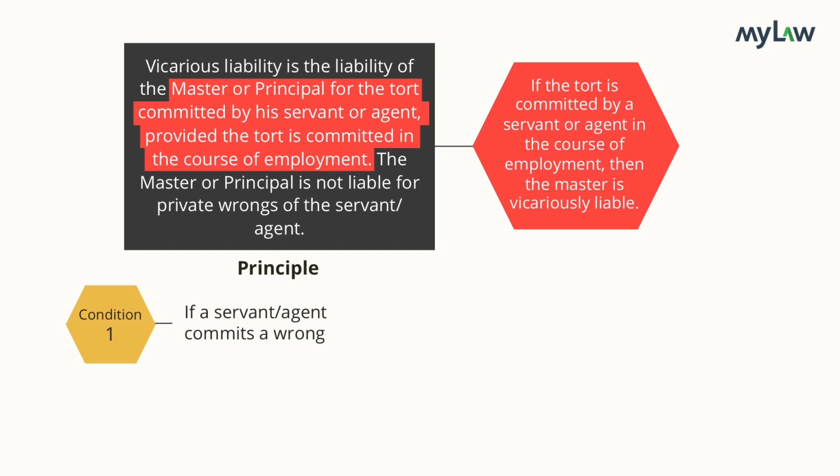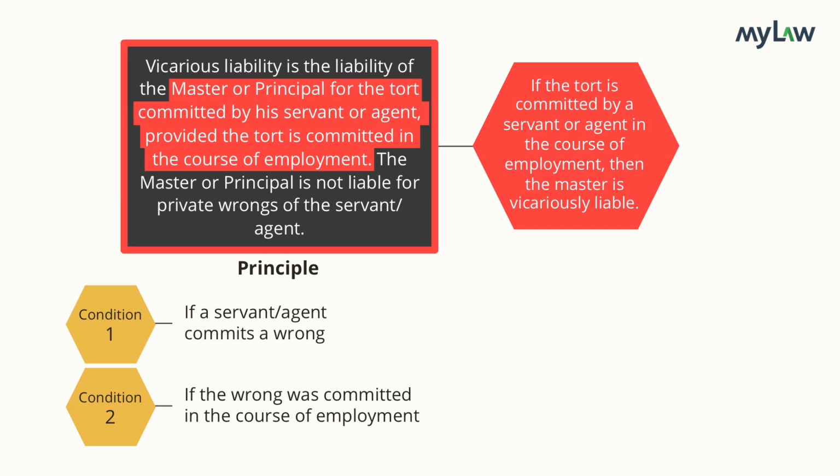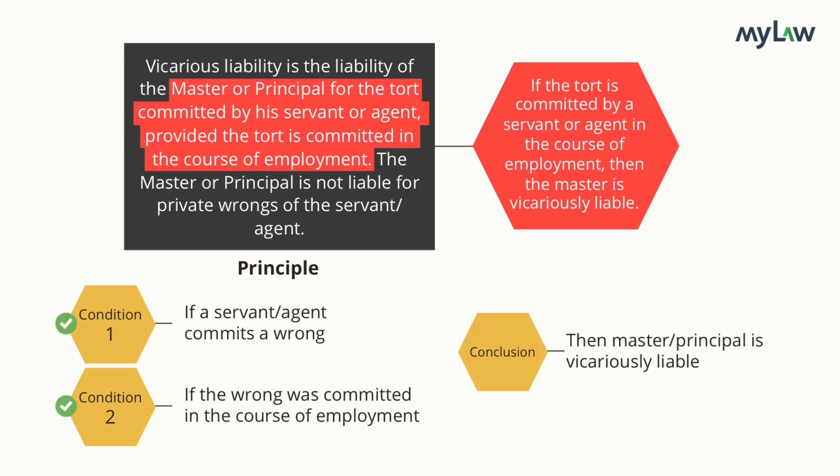One, whether a servant or agent committed a wrong, and two, whether that wrong was committed in the course of employment. What is the relationship between them? The word provided in the principle means that both conditions are necessary. Only if both are satisfied can we conclude that the master is vicariously liable.